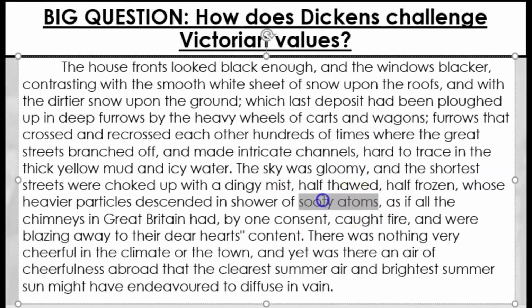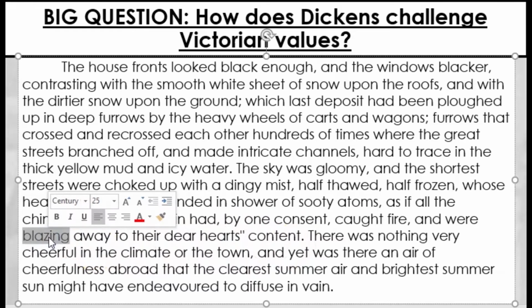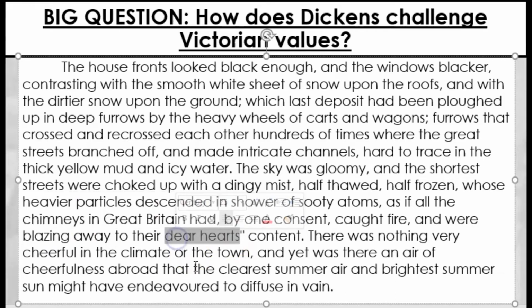What we're told is that partly it's caused by the carbon atoms, the soot from the house fires, because all the chimneys in Great Britain have caught fire and are blazing away to their dear hearts' content. So again, this idea of light imagery equaling goodness and purity and joy and all those positive things. And the idea of a fire having a heart, of course, is personification. And it's a personification of the thing we associate with love and compassion.